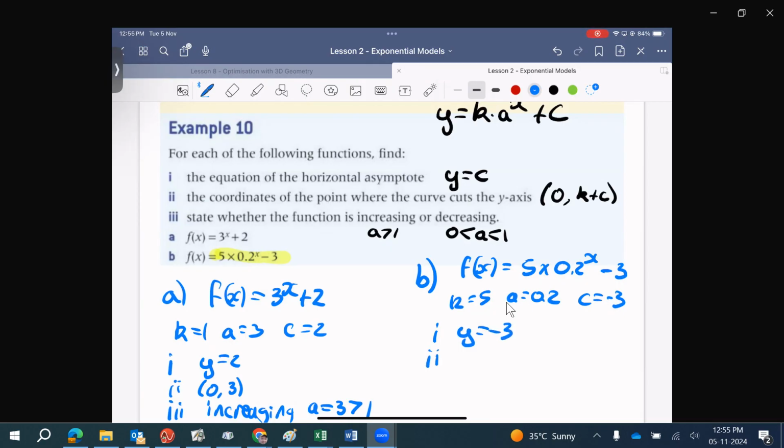The y-intercept is going to be at (0, 5 minus 3), so 2. And is it increasing or decreasing? This is the decreasing one, because a is between 0 and 1. a is equal to 0.2 on this one.